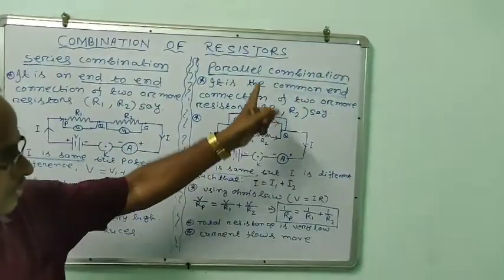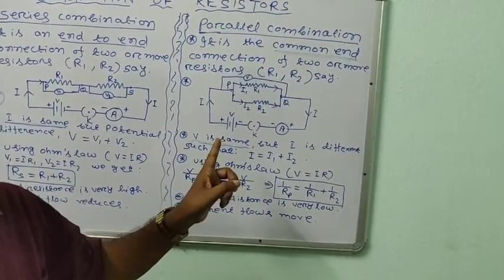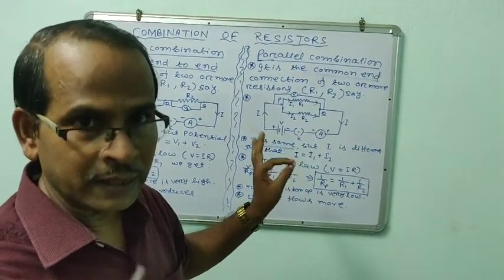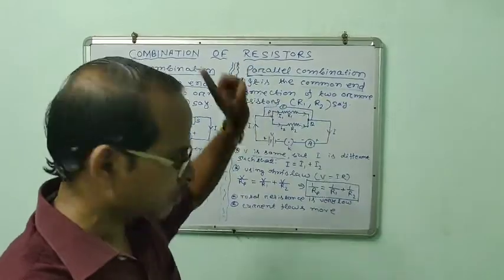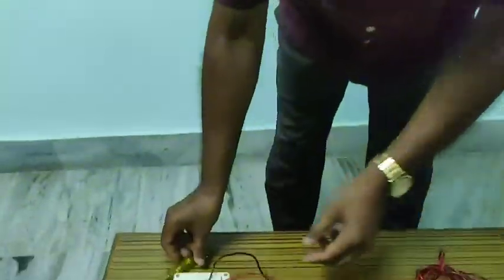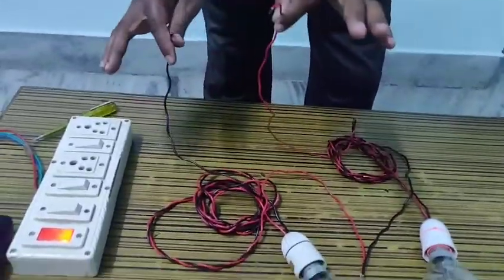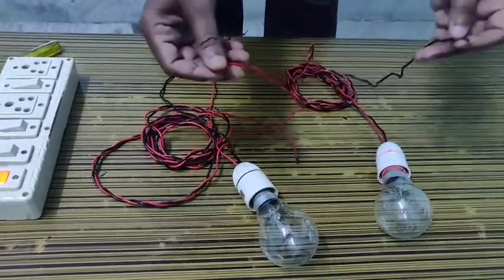Now you will observe the same situation in the parallel case, using the same two bulbs. One thing you must watch: remember that our R2 was glowing very low. Now come to the parallel combination, the common-end combination. Now watch, children. I have removed this part and also disconnected this one.